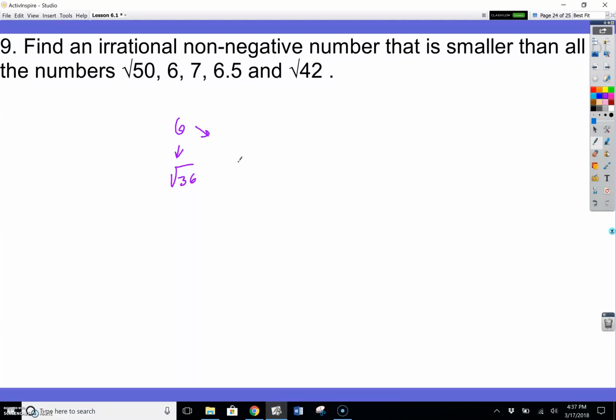So that would be anything like the square root of 35, square root of 33, square root of 30. These are all examples of irrational numbers, okay? You cannot put the square root of 25 or the square root of 16, because these are perfect squares and we'll get a nice pretty number there, okay?